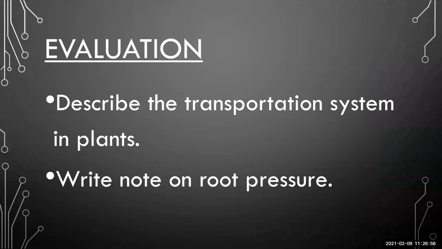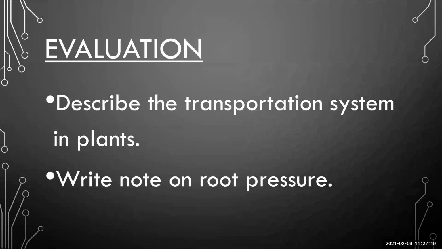So these are a few questions for the evaluation. You can write the answers for these. First question is describe the transportation system in plants, and second is write a note on root pressure. For describe the transportation system in plants, on page number 63 of your textbook, the answer is given.